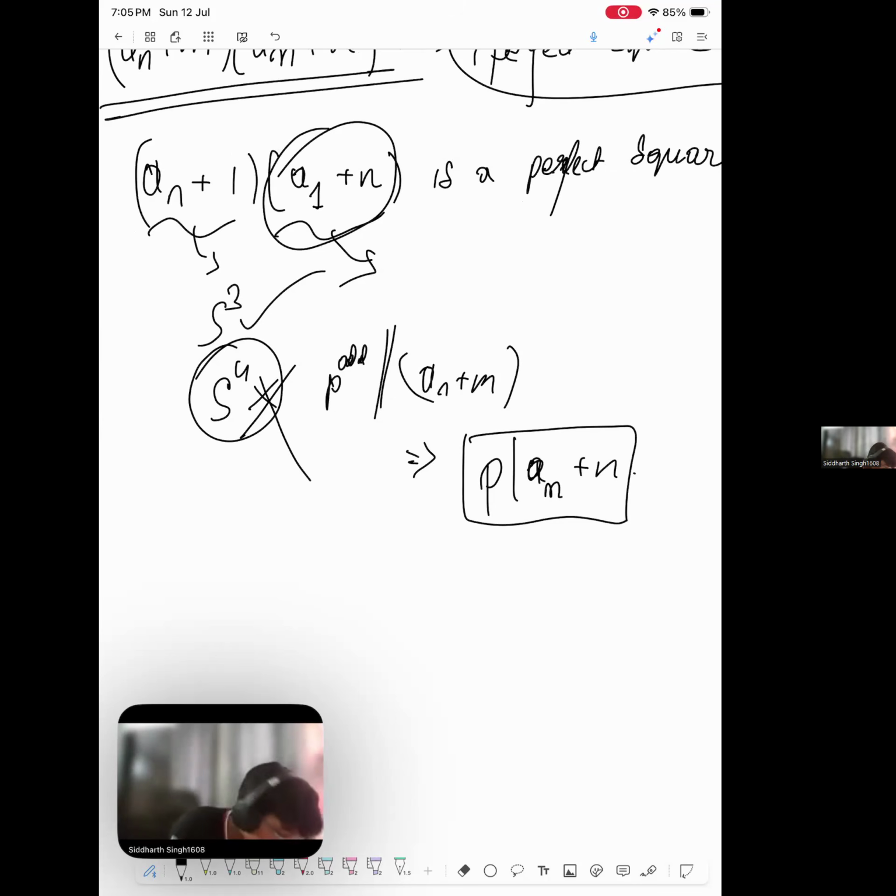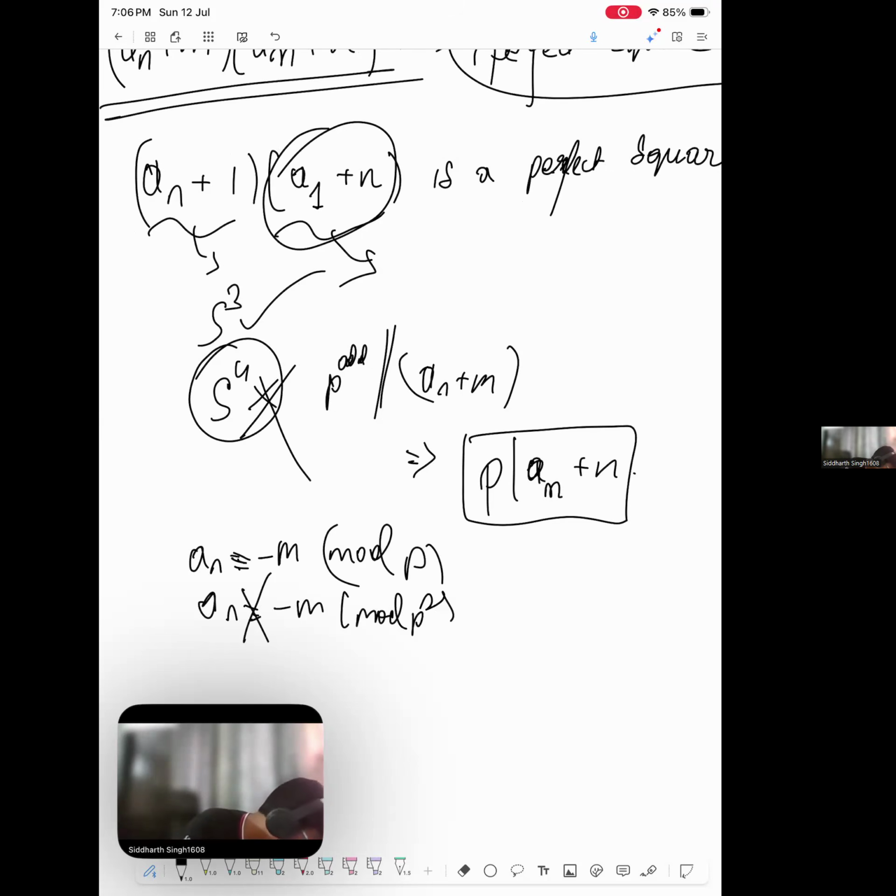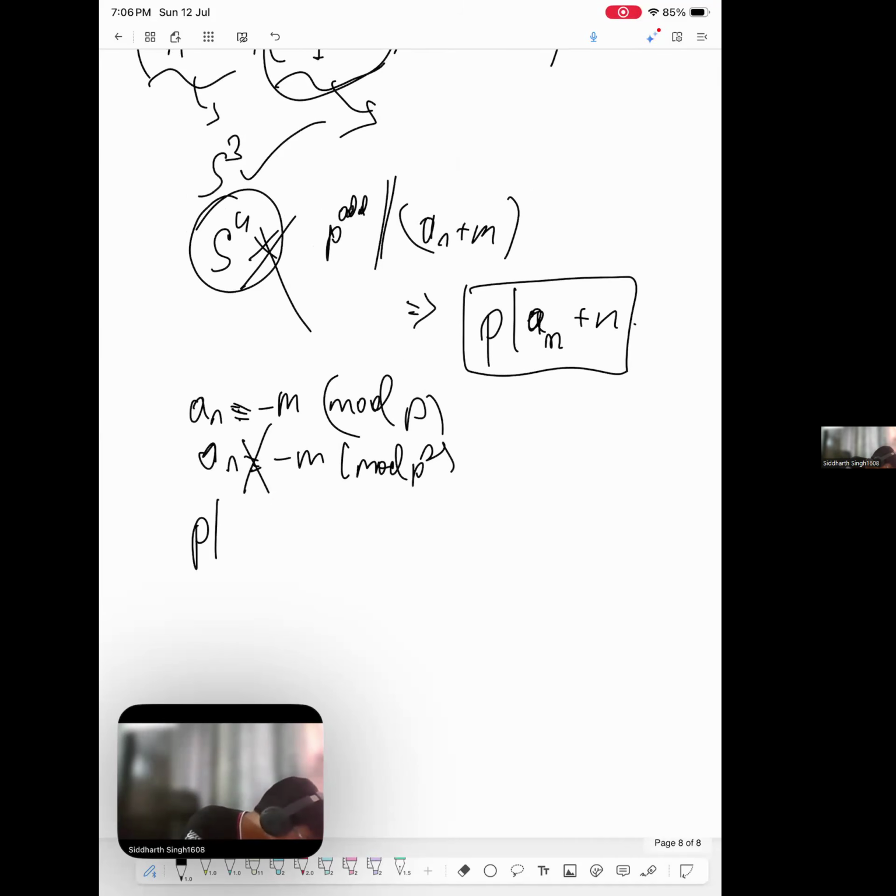So if an is congruent to minus m mod p, but an is not congruent to minus m mod p square, we would have that p divides an plus m, but p square does not divide an plus m.